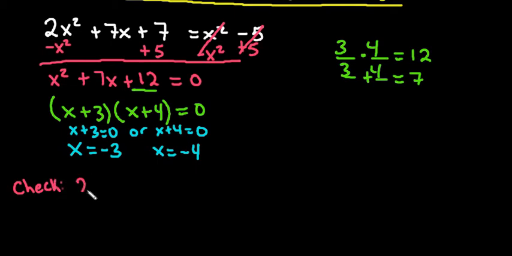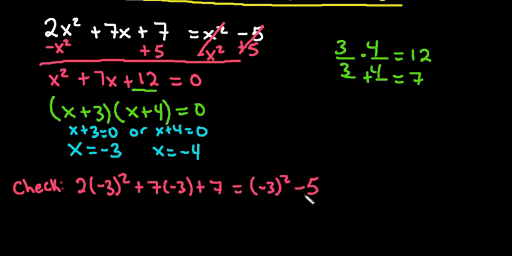So if I plug this back in, I have 2 times -3 squared plus 7 times -3 plus 7, and I want to see, is that equal to -3 squared minus 5?